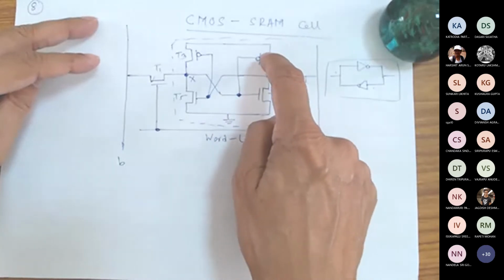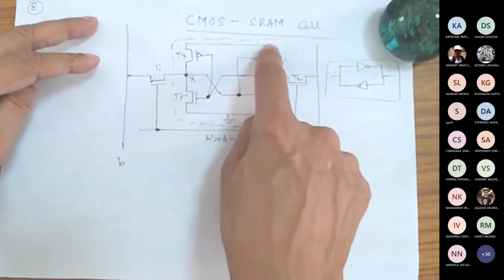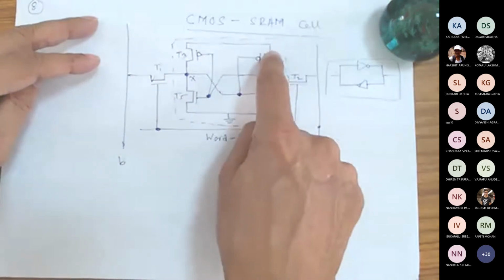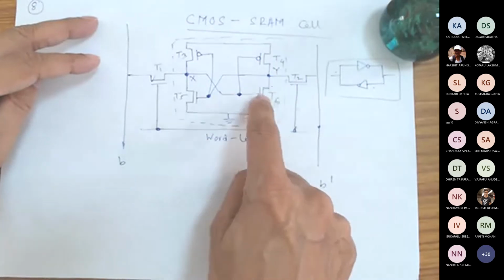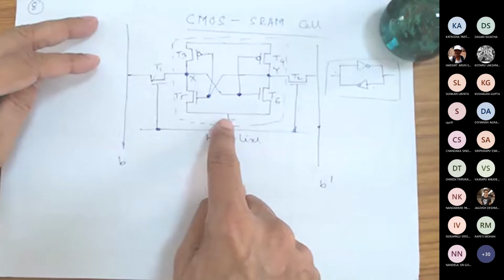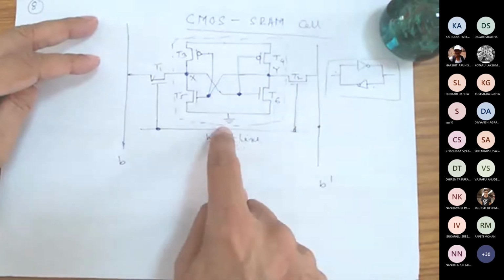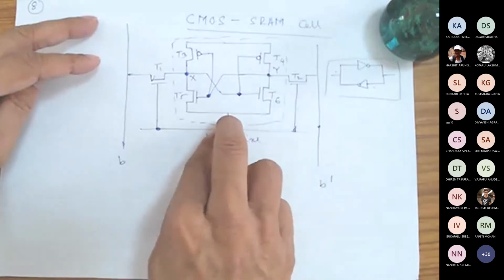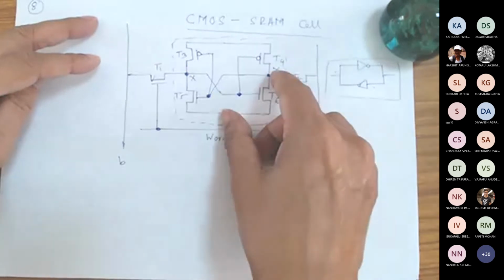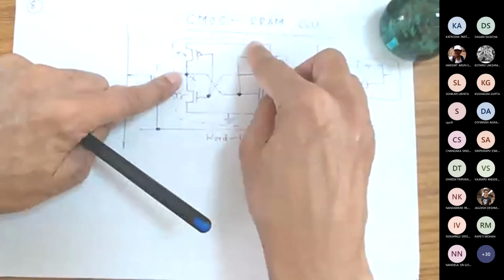If it is connected here, that means this path is off, this transistor is off. This is on, which means this is connected with the ground. So this Y point is now connected with the ground. If the Y point is connected with the ground, that means Y is 0. So when 1 is here, 0 is here, and opposite logic works here.